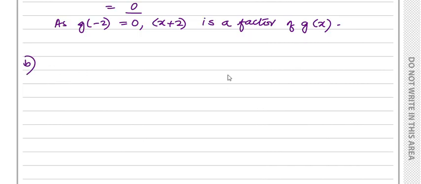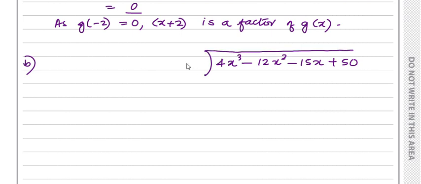So let's write out the full polynomial first. That is 4x cubed minus 12x squared minus 15x plus 50. Okay, putting that into the division mode. Here we put x plus 2. When you divide, you just need to look at this 4x cubed and this x.